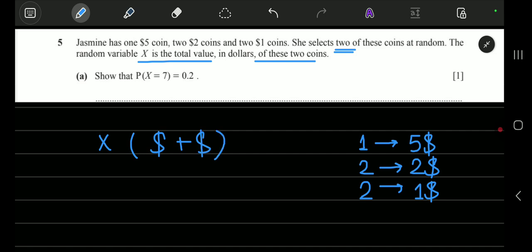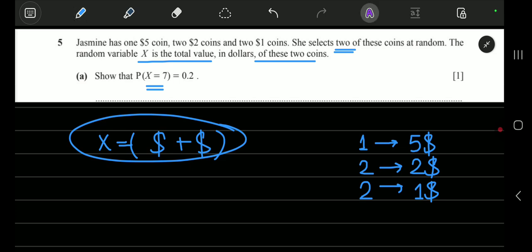This is not part of your solution, but just to help you understand that x is the total value. Which two values will add up to give you 7? 5 and 1 give you 6, 2 and 1 give you 3, but only 5 and 2 add up to give you 7.